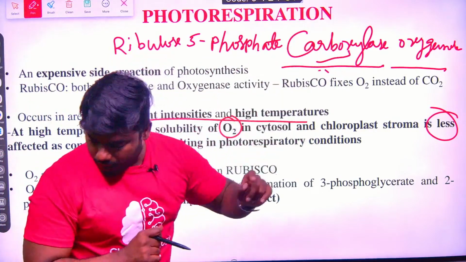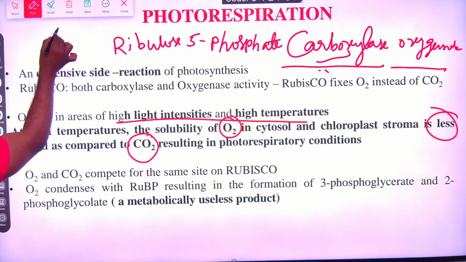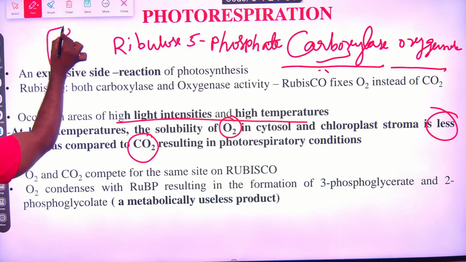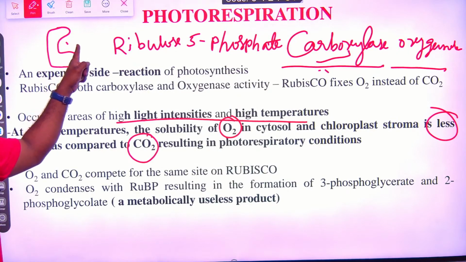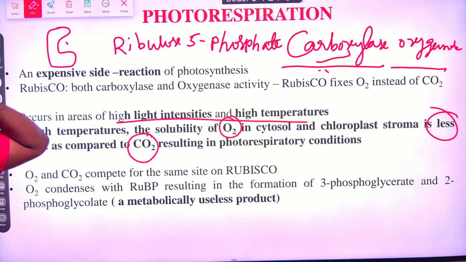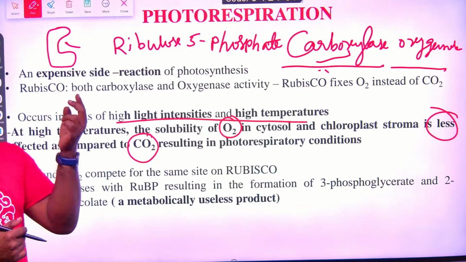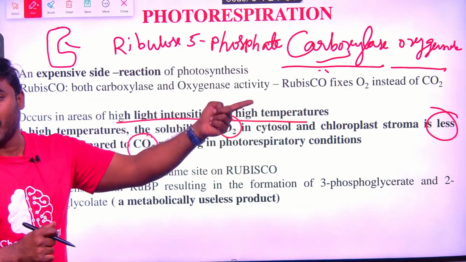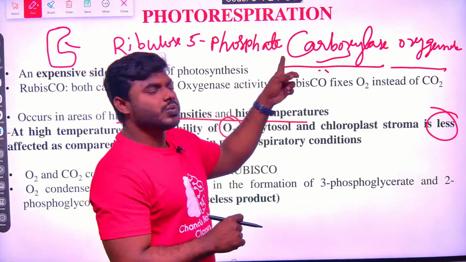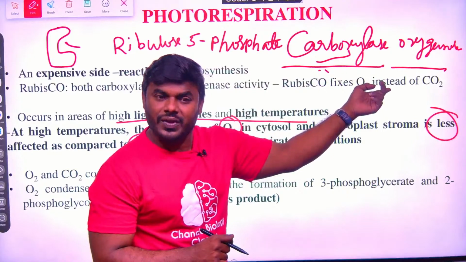Now again some students will get confused. This is also a statement that is asked in the exam. This is the Rubisco enzyme. An enzyme generally has what site? Active site. How many active sites are there in an enzyme? Only one. So in the exam they will always say that Rubisco has dual active sites for carbon and oxygen. Most students will think that since it can fix carbon and oxygen, the active sites are different.